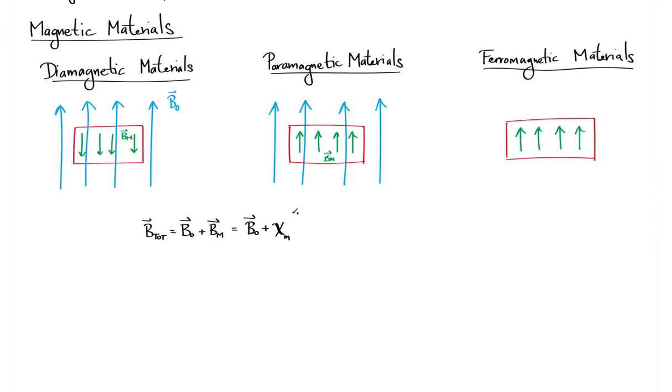Chi sub m. Okay, so it's not an x, it's chi. Bm is proportional to the applied magnetic field: Bm equals chi sub m times B naught. So this represents the magnetic field generated by the diamagnet or the paramagnet.